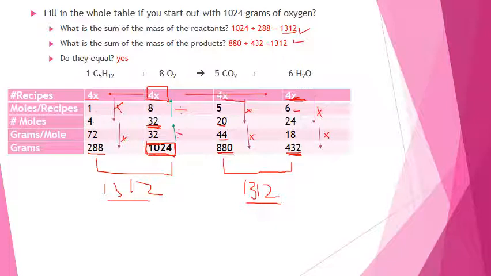So if you go back and look at all the problems we've done, we've just been given one thing, like I think the first one we started with 4 moles. So when you only start out with one thing given, the product and the reactant masses will be equal.